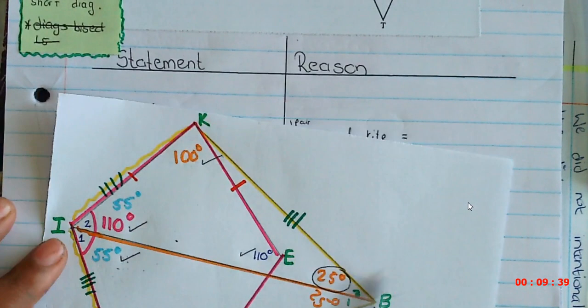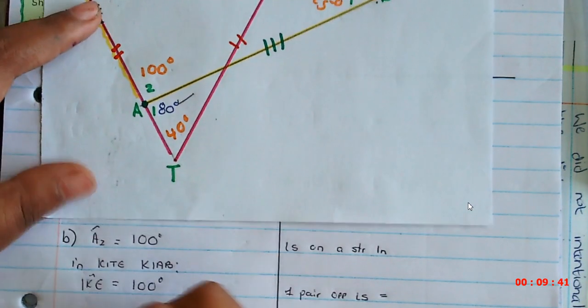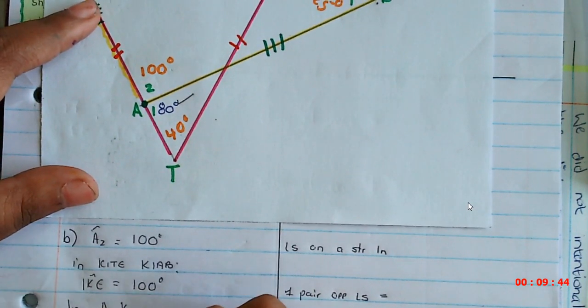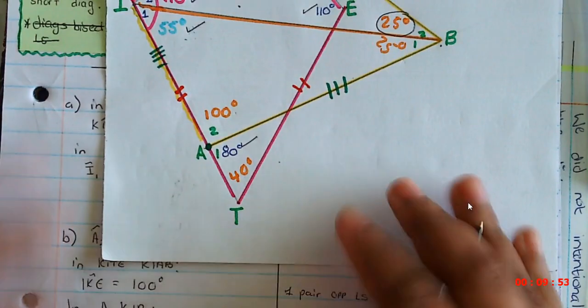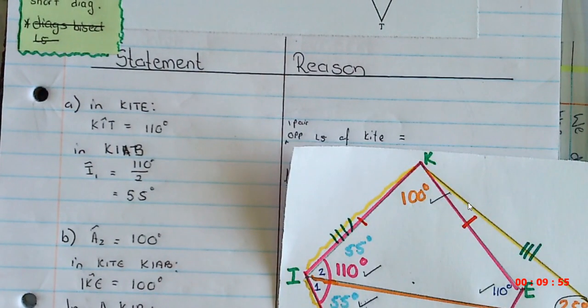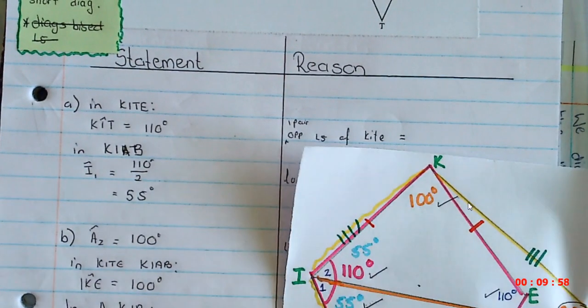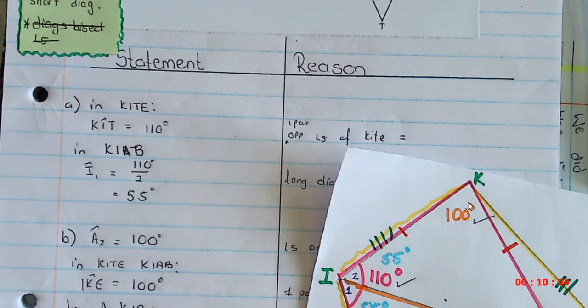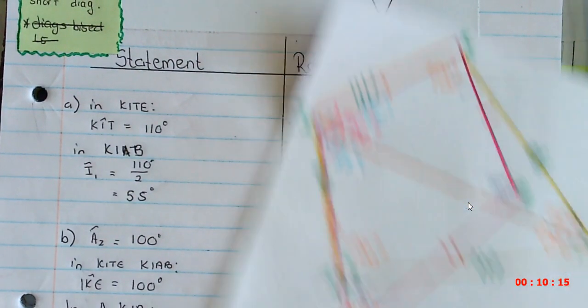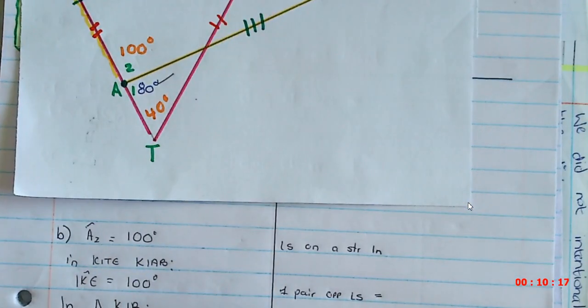In triangle KIB, angle B2 is going to be equal to 180 minus the 55 minus the, oh sorry, minus the 100. I'm looking at the wrong stuff here. And then we come to an answer of 25.